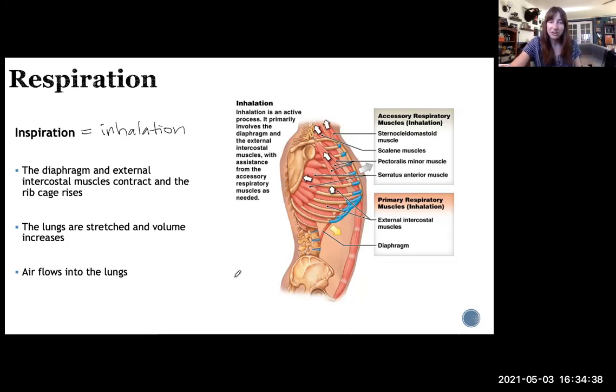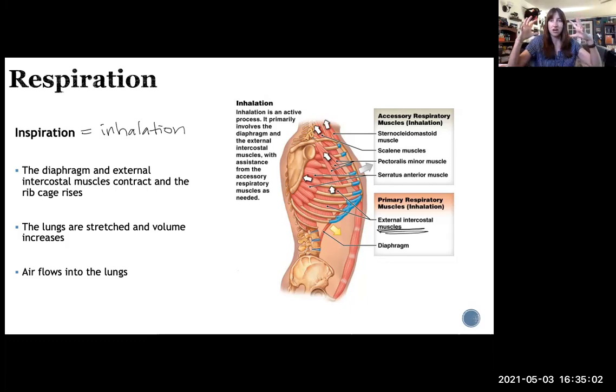When the external intercostal muscles contract, they pull the ribs up and out. And that expands your entire thoracic cavity, pulls the walls of the thoracic cavity up and out, which, thanks to that interpleural pressure, is going to also pull the walls of the lungs along with it.